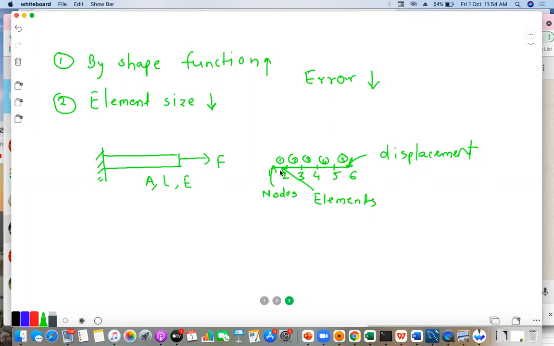I can calculate displacement, say, strains at these nodes, and if I want to calculate these values in between these two nodes, then I need the shape function. So the role of the shape function is to calculate the values in between these two nodes.